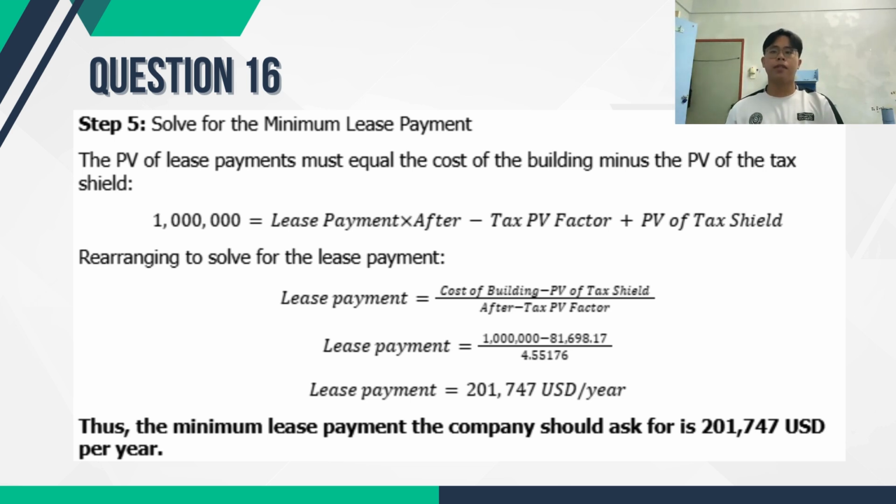Then the fifth step is to solve for the minimum lease payment. The present value of the lease payment must equal the cost of the building minus the present value of the tax shield, which is $1 million equal to the lease payment multiplied by the after-tax present value factor plus the present value of the tax shield.